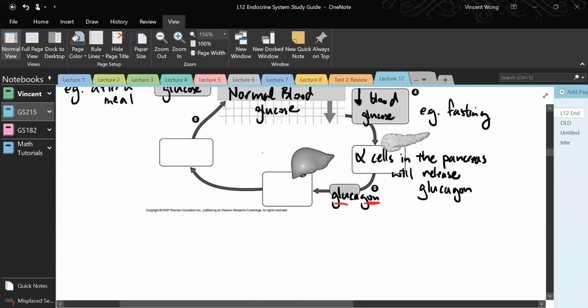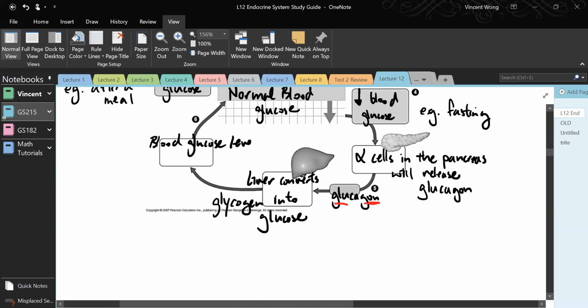It will promote the liver to convert all that glucose that you've stored as glycogen into glucose. And that will bring the blood glucose level back up.